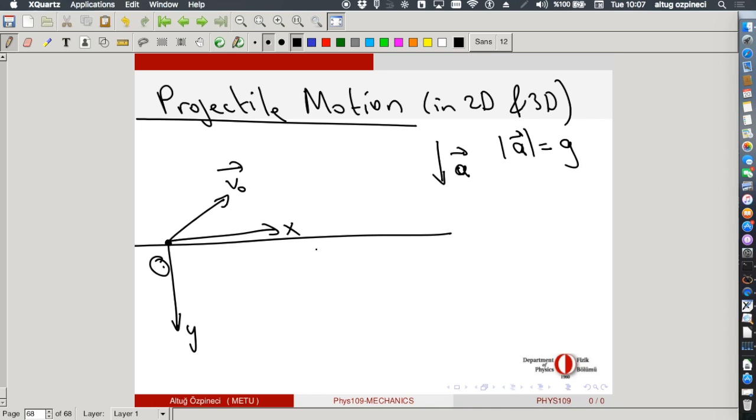In principle, it can be a three-dimensional motion. Well, conventionally, if you choose such x and y axes, the z axis will be pointing inside the screen. So this is how I will show it. So this will just mean that the z direction is pointing inside the screen.